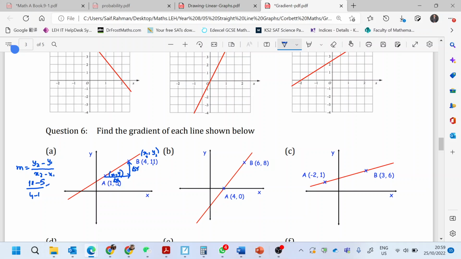This gives us 6 over 3, and this gives us 2 over 1, or it's just 2.